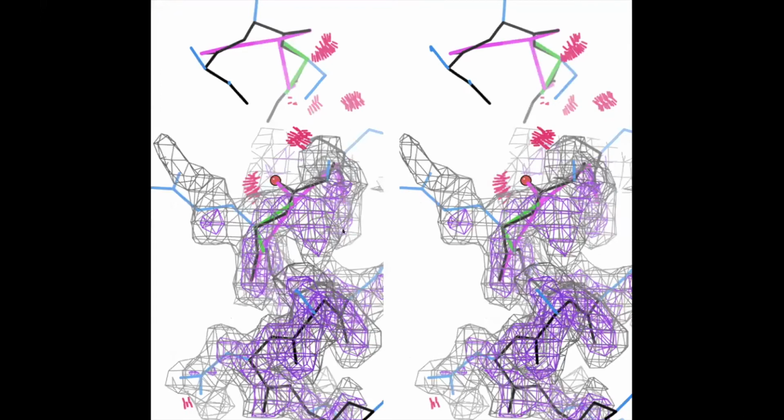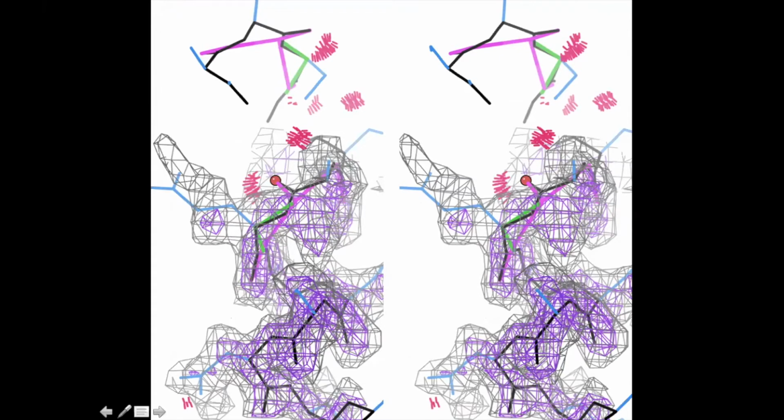So here's the beginning of a helix, actually, with the carbonyl pointing in the wrong direction. And actually, if you really look at the density, you can see that it's wrong in this case. And if it gets changed, you all of a sudden get rid of a lot of clashes and Kablam outliers.